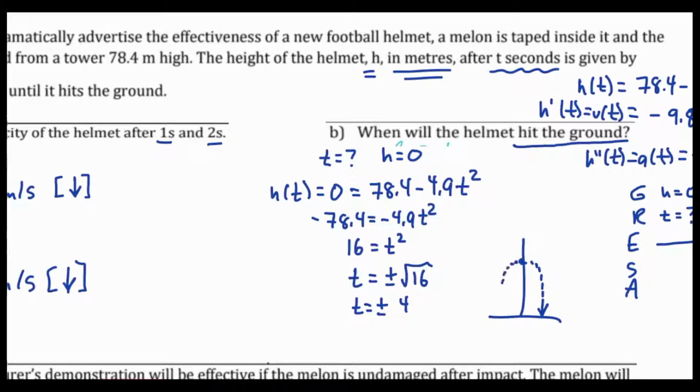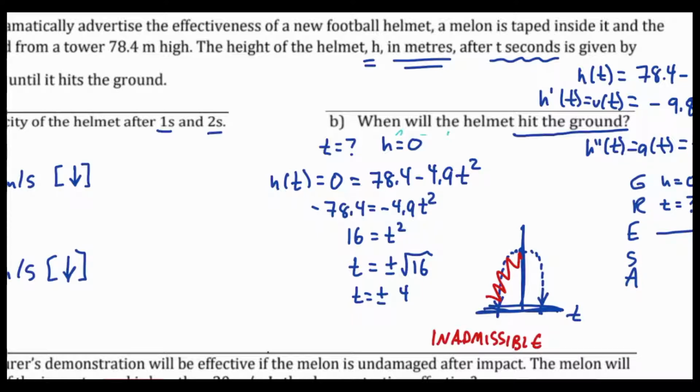So maybe we could work backwards to negative time and think about when this helmet was being thrown or whatever. But that's not the case in this question. We're just told that it's being tossed from the top of a building. And so we're going to start measuring when our time is equal to 0. So I do not care about these values here. And in fact, this is inadmissible. So we're going to ignore the value when t is negative.